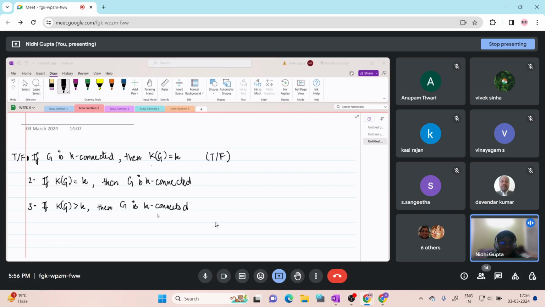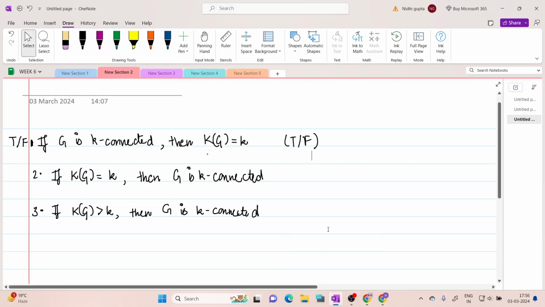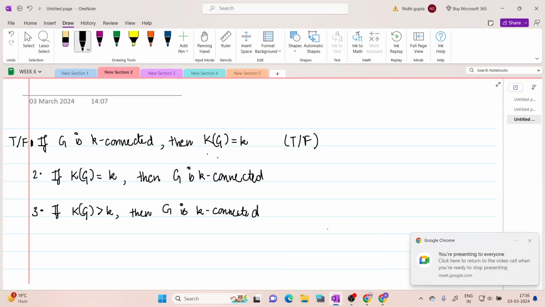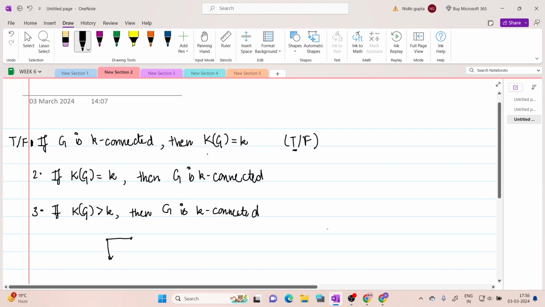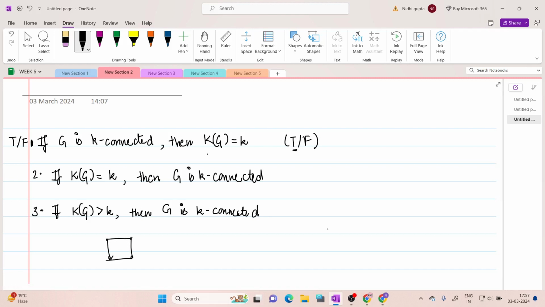So what about the first one? Is it true or false? This just follows from the definition. It is true, ma'am. Why is it true? See, we already did this thing. Suppose this was K4. Is K4 1 connected?